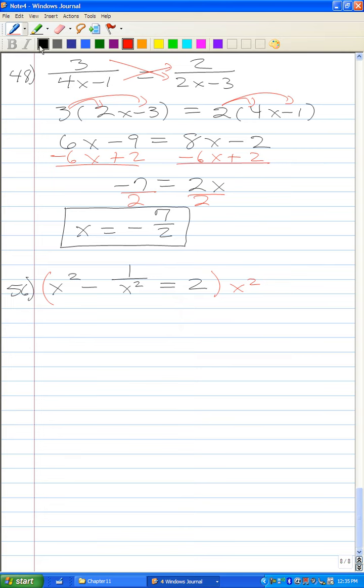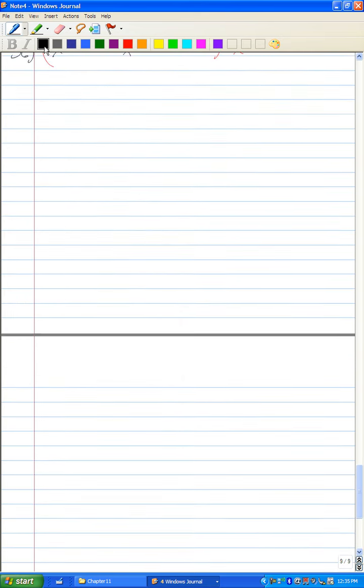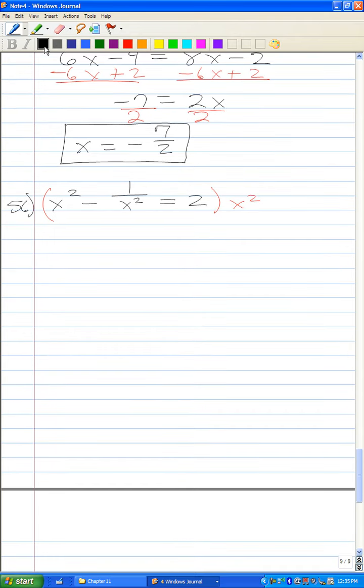And so I get x to the 4 minus 1 equals 2x squared. Let me subtract 2x squared from both sides of my equation. So I get x to the 4 minus 2x squared minus 1 equals 0.